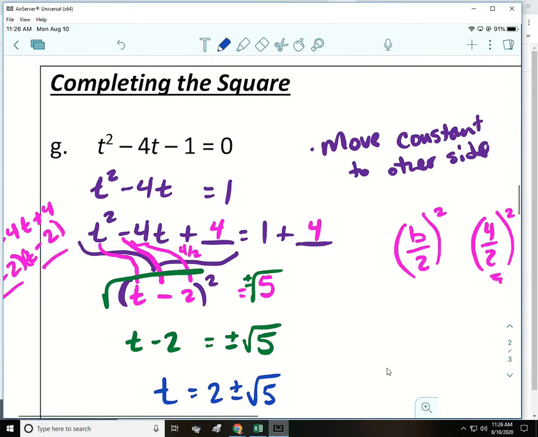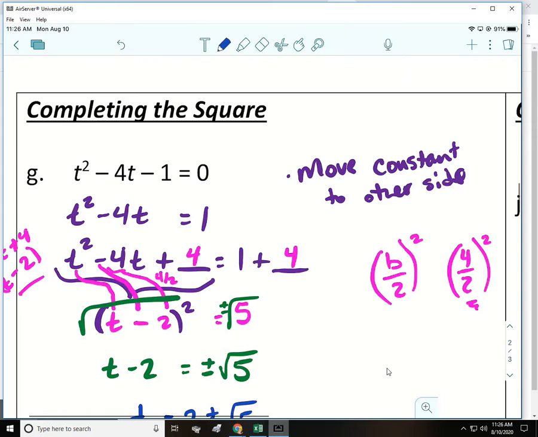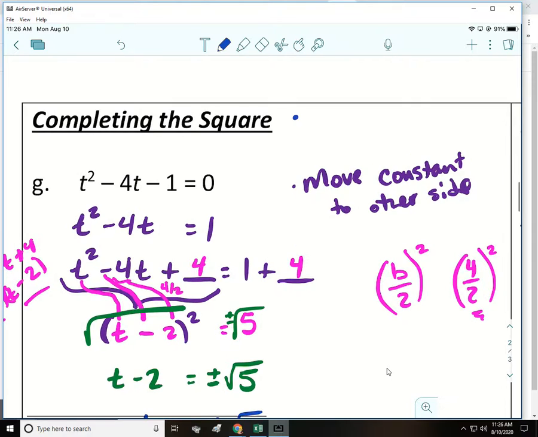What did they have that made it better? Yes, ma'am. A 1, right? Okay, so if we're talking about ax squared plus bx plus c equals 0, a is 1. That's one of the things you're going to look for if you want to complete the square.